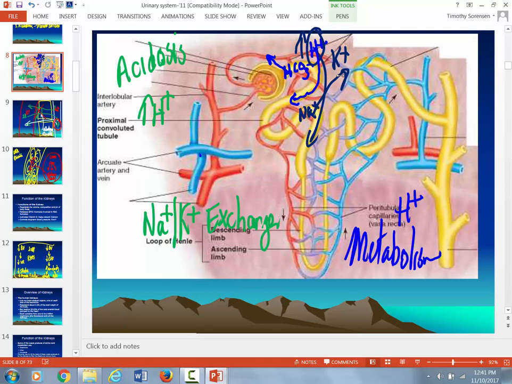What's the second reason you develop hyperkalemia in DKA? No insulin. So it inhibits the sodium potassium pump. So it's not working. So what happens?